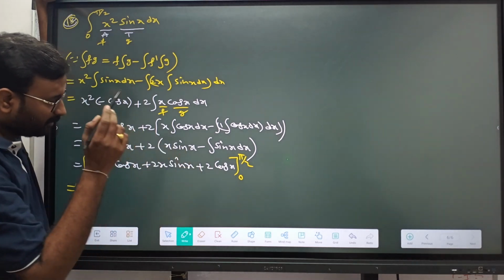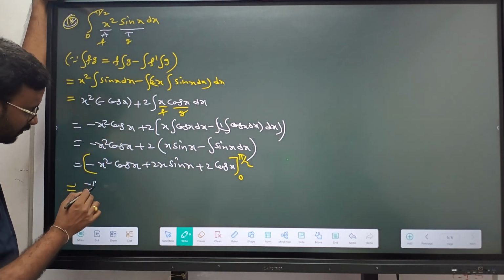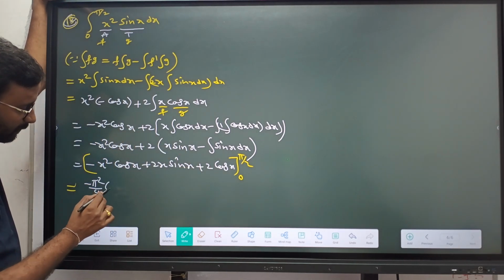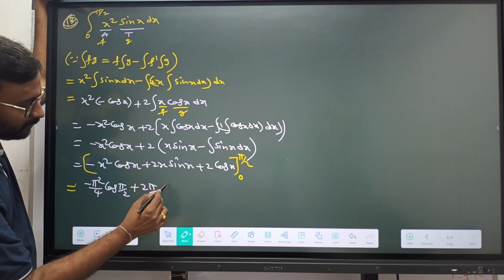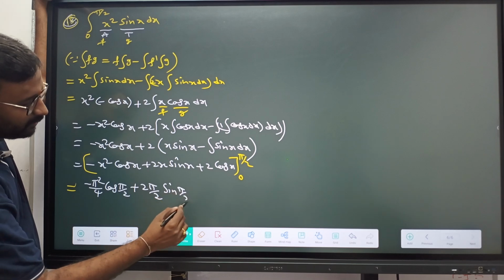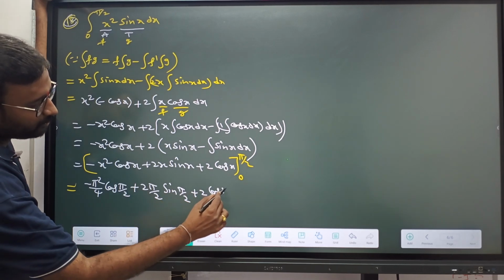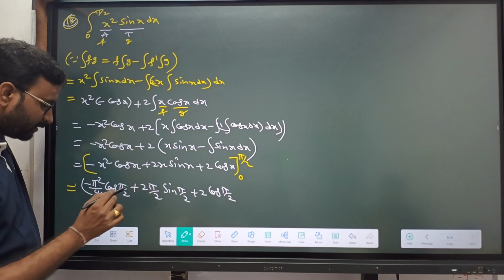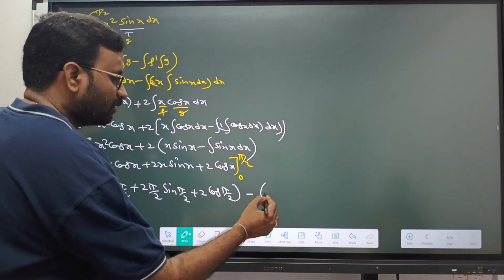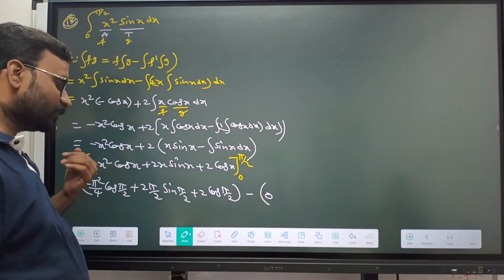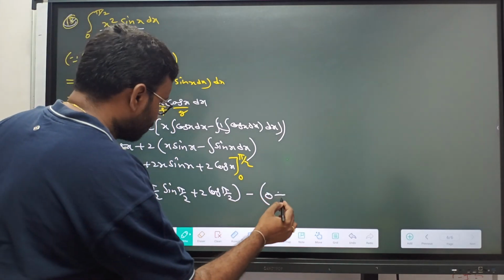First what? Pi by 2. So minus pi square by 4 cos pi by 2, 2 into pi by 2 sin pi by 2, 2 into cos pi by 2. Upper limit minus lower limit 0. This is 0 into something, 0. 0 into something, 0.